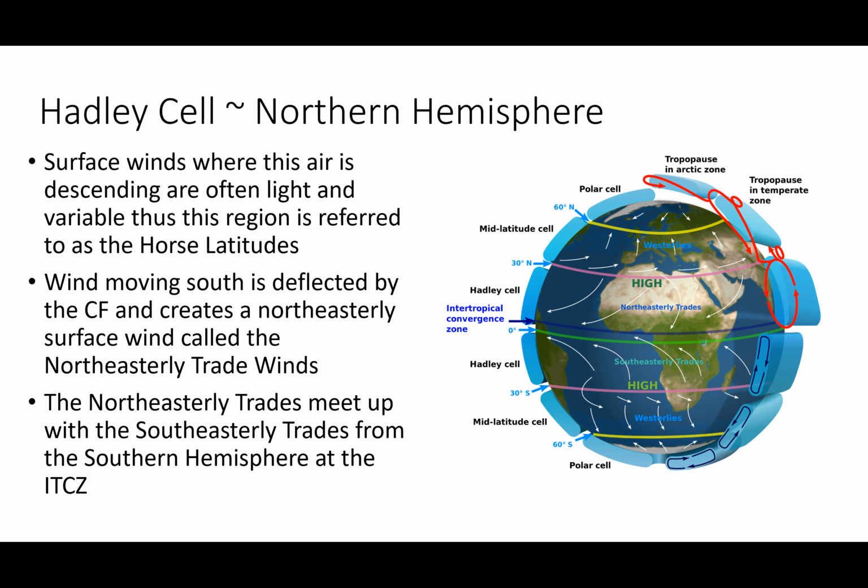So we see winds, or in this case currents, from the northern hemisphere and the southern hemisphere meeting up at what's called the intertropical convergence zone, which again, what's causing these ocean currents? Wind.